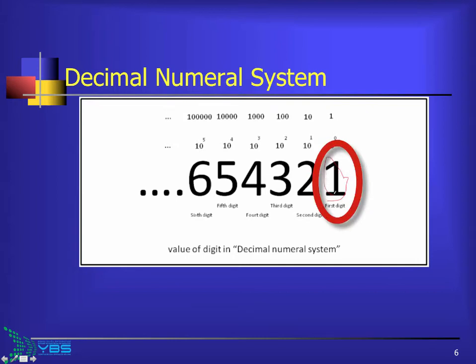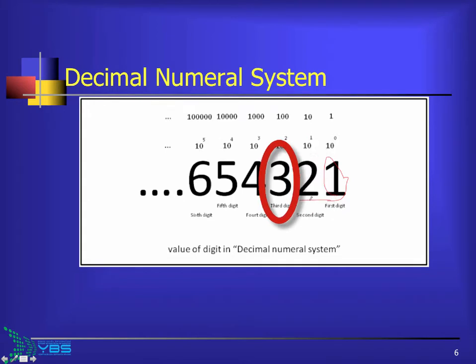And this one is the second digit. This one is the third digit. The first digit is base number 10 system, multiplied by 1, that is 10 power 0. Because it's base 10, it's the zeroth power for the first digit, then the second digit, third, and it goes on.